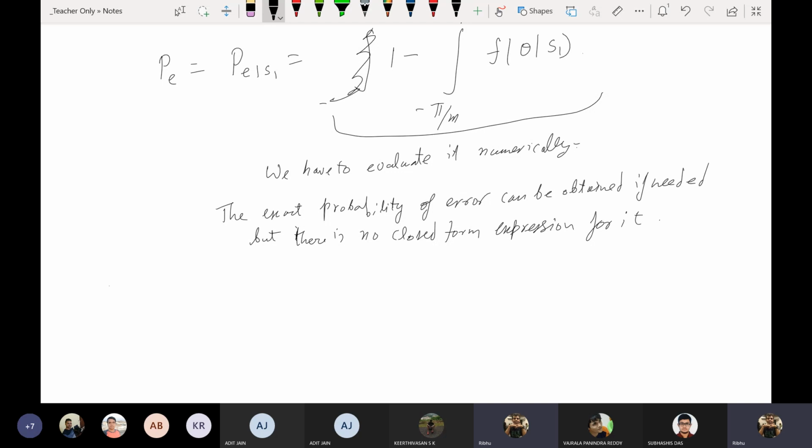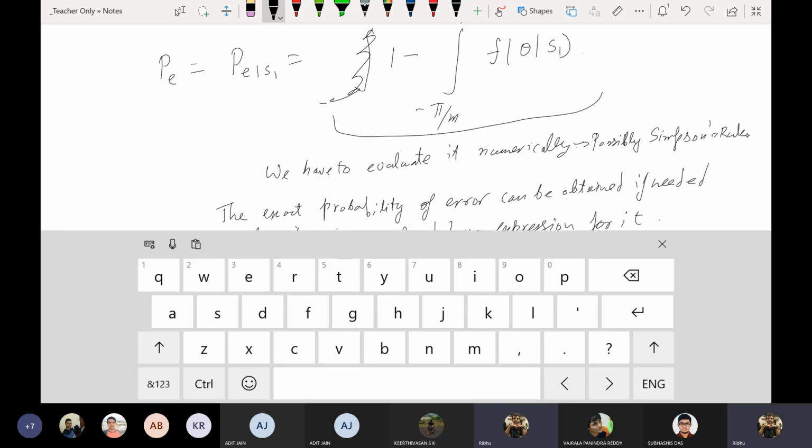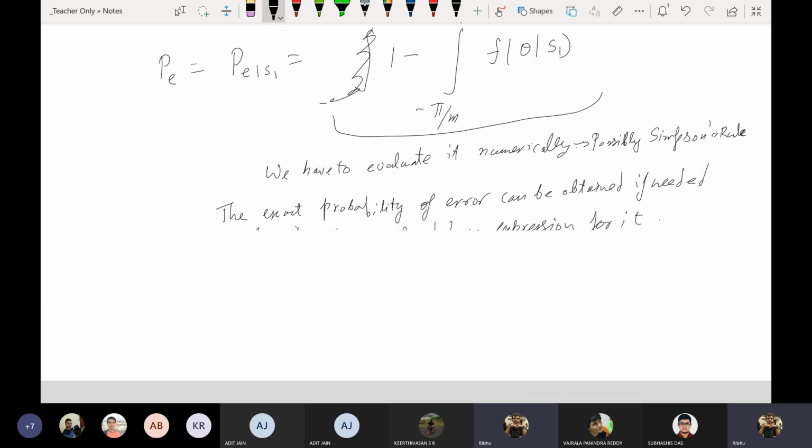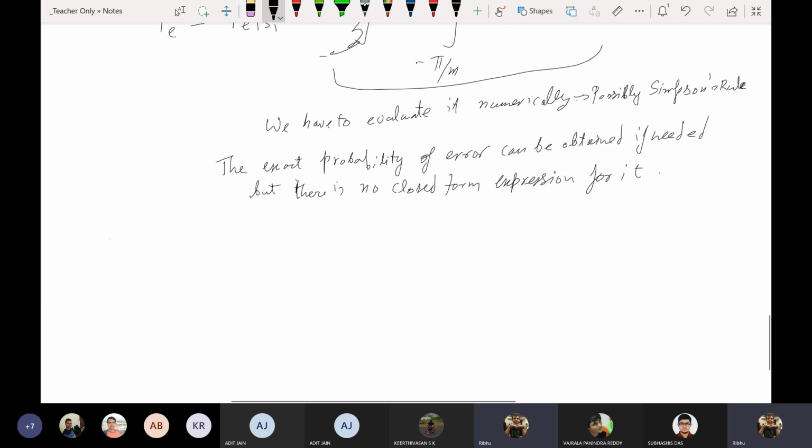So numerical integration, possibly Simpson's rule, can be used for calculating this, and this is not Homer Simpson or Bart Simpson. Anyway, there is another approach, the approximate method.